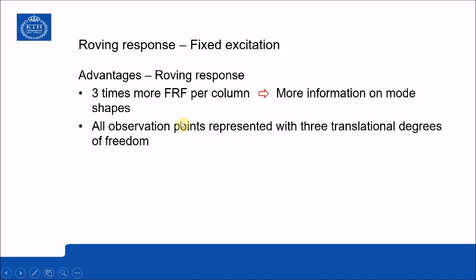And also, in this case, if we have the 3 translational directions, x, y, z, all these directions will be represented in the observation points. And that means, in the end, also in the mode shapes. And that means that the mode shapes, if we have performed the measurements correctly, will be without distortion.